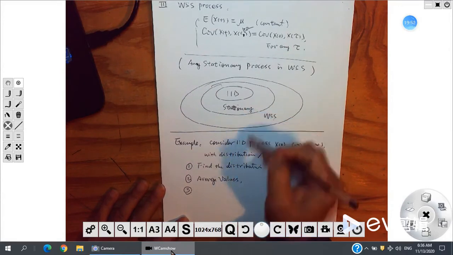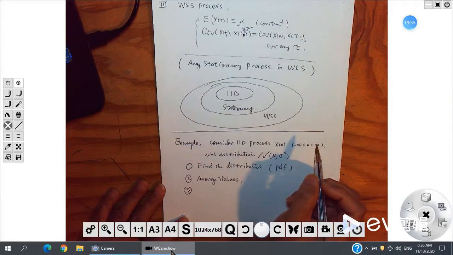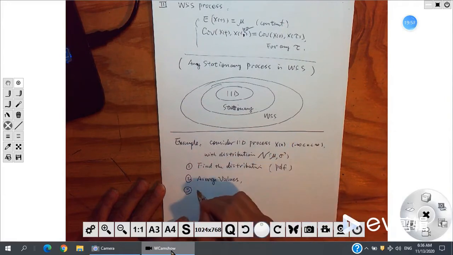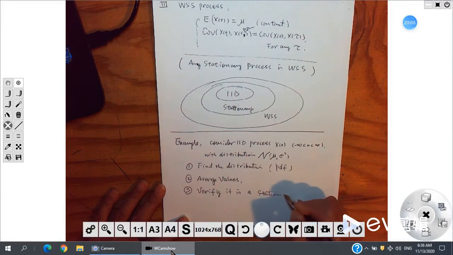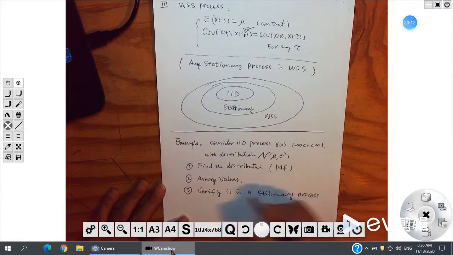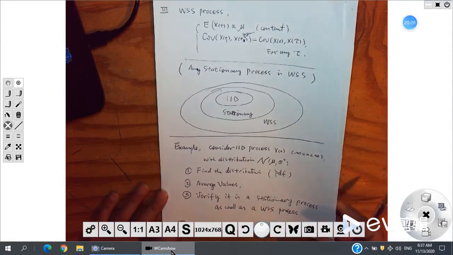We know it must be a stationary and wide sense stationary process, but we can verify it is a stationary process and also a wide sense stationary process. We can do these three kinds of work.